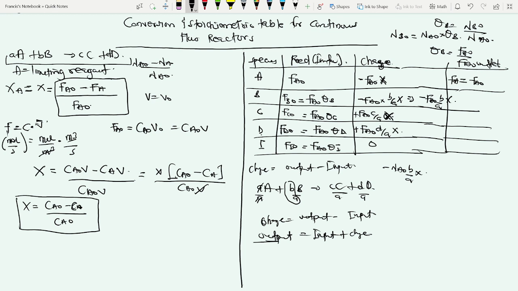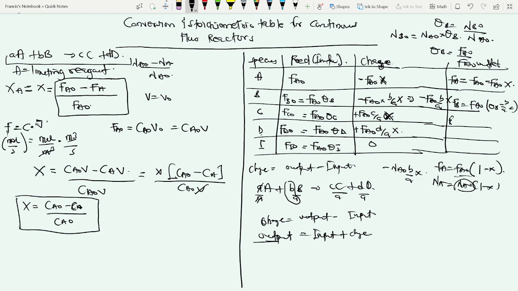So for A, you are going to get FA naught plus this, but this is negative, so minus FA naught X. When you factorize that, you get FA equal to FA naught (1 minus X). For batch reactors, we had NA equal to NA naught (1 minus X). So basically we are just replacing this with FA naught. FB now becomes FA naught (theta B minus b over a X).